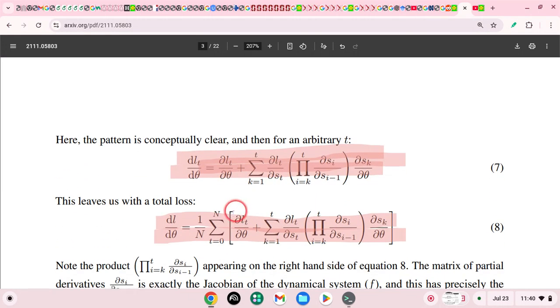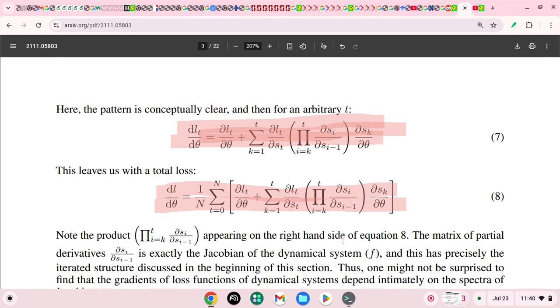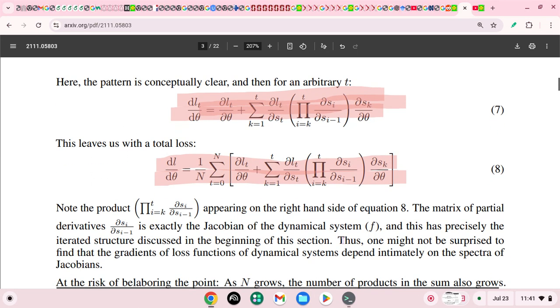Finally we have the total loss gradient in equation 8, where we have a product of Jacobian matrices ds_i by ds_{i-1}. These Jacobian matrices determine and update the gradient vector, and if the product of the Jacobian matrices is a stable operator, then the iterative steps of the gradient optimization will converge to a fixed equilibrium, else it will diverge away.